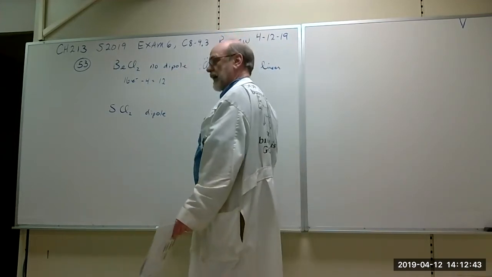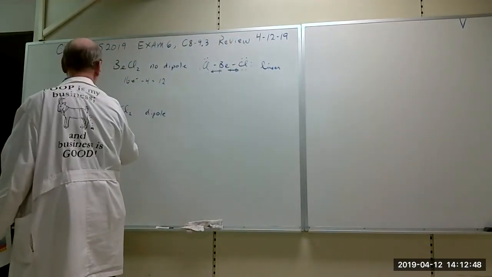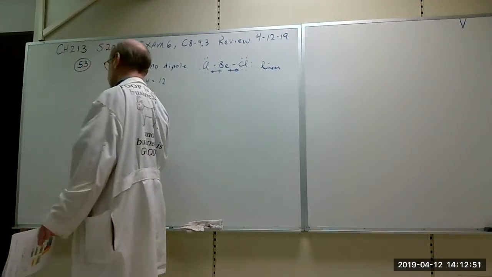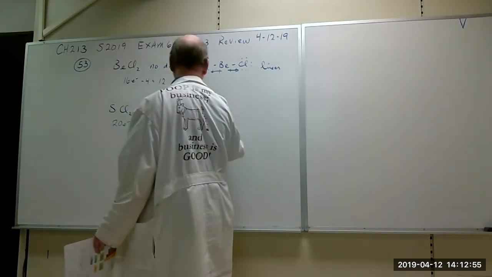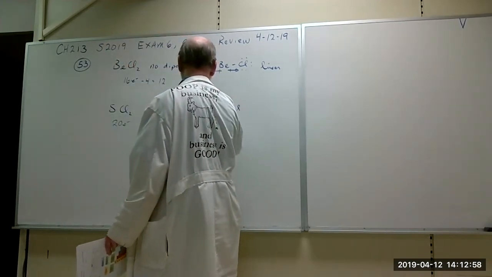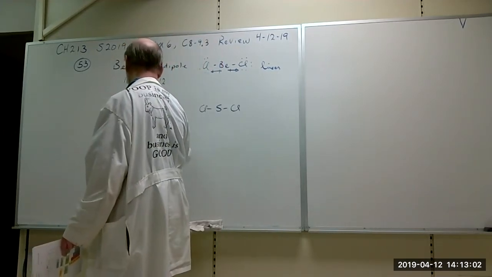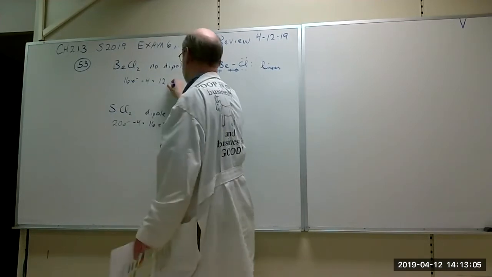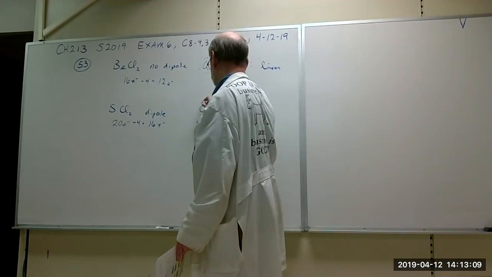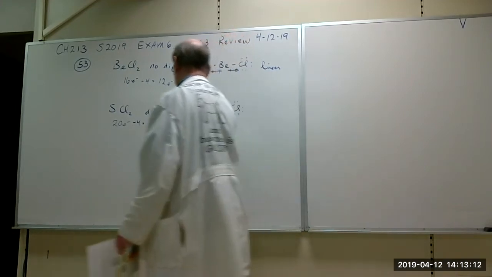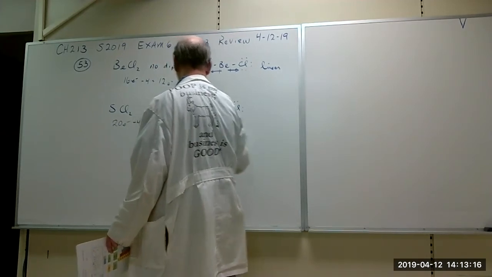Why does sulfur dichloride have a dipole? Well, sulfur has 6, and 2 chlorines is 14, so that's 20. Okay? So sulfur, like that, that's 4, equals 16. So we have 2, 4, 6, 8, 10, 12. That means we have 4 electrons left over.